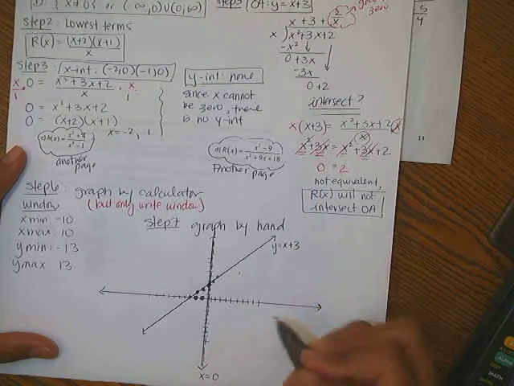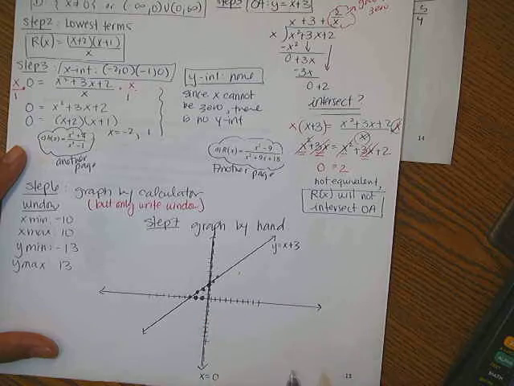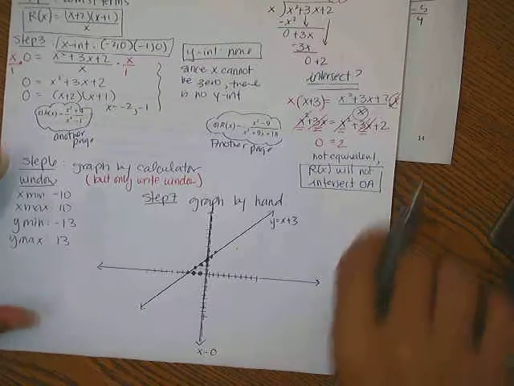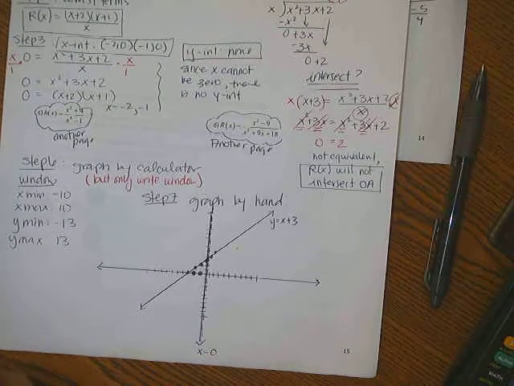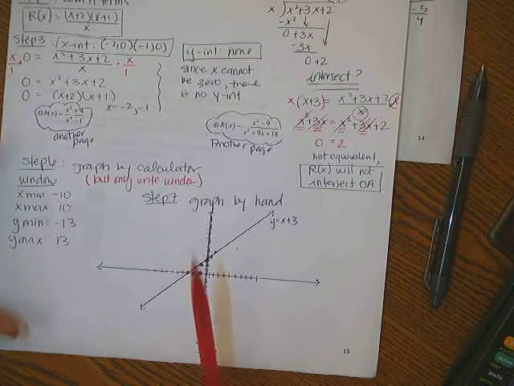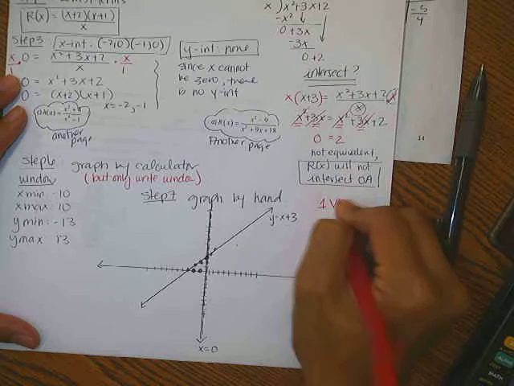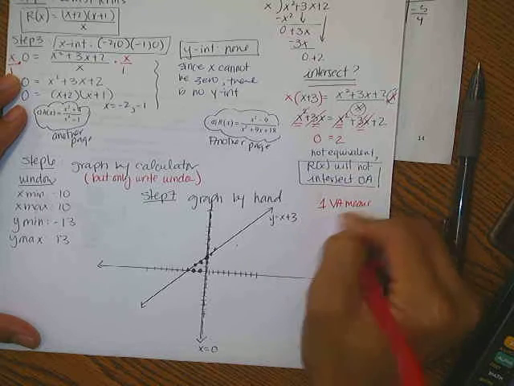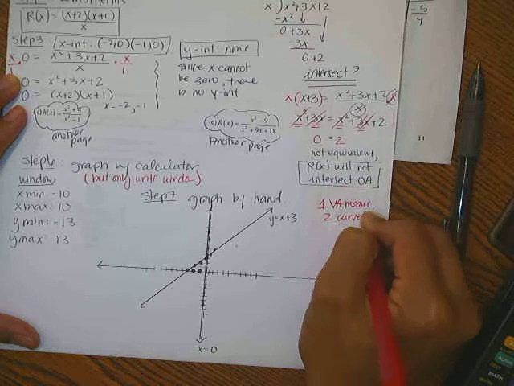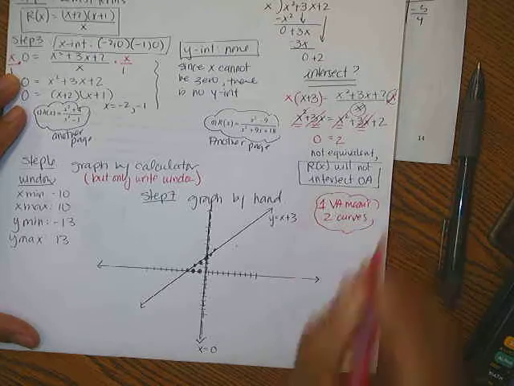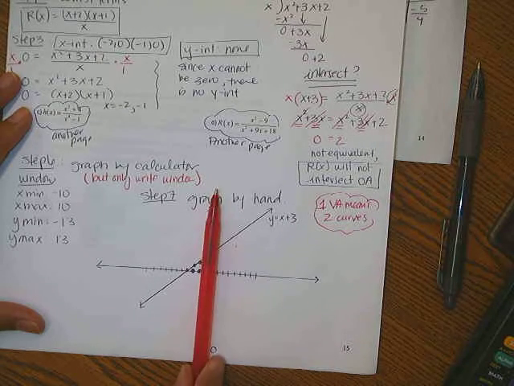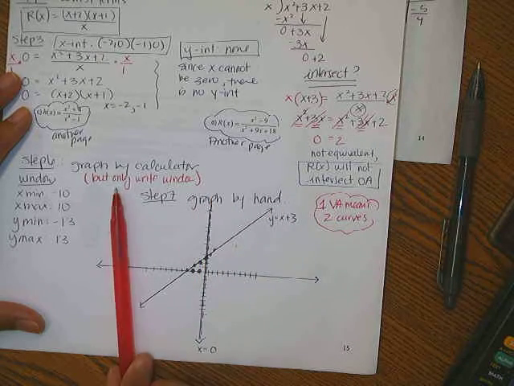So notice how I'm going to have 2 curves, okay? Let me spell this out for you. Make it a red pen. I still have 1 VA, okay? 1 VA means 2 curves. Okay, that's what it means still. It doesn't change. 1 on the right, 1 on the left.